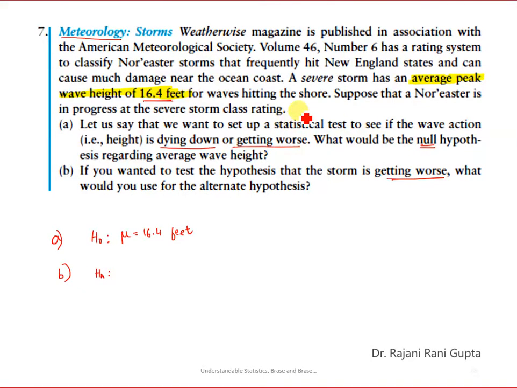Because it's mentioned that the statistical test is set up to see if the wave action, which is based on height, is dying down, meaning it's going less, or getting worse, meaning it's becoming more. So here the alternative hypothesis will be mu greater than 16.4 feet. So now this is a right-sided test.